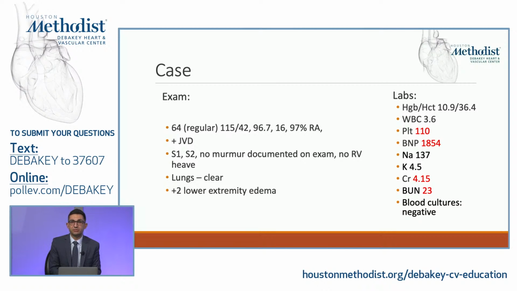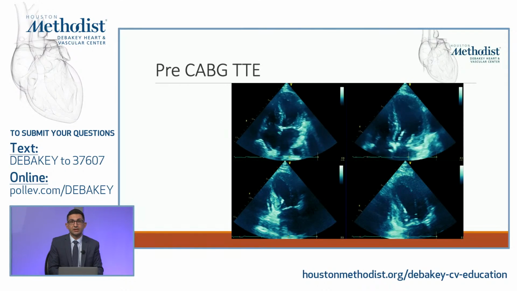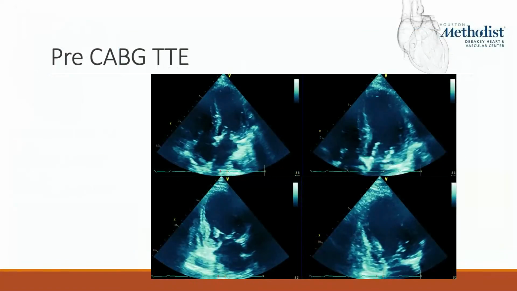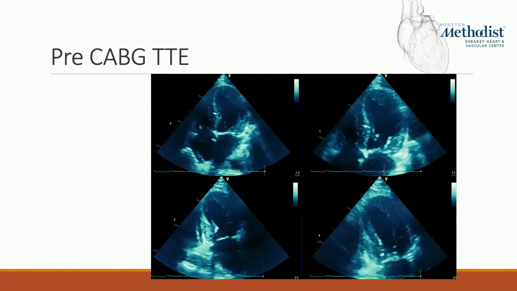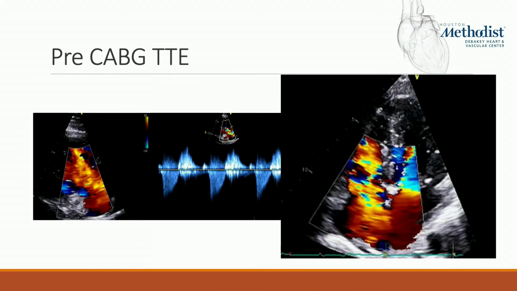Her creatinine and BUN were elevated at baseline for her. She's a dialysis patient, and her blood cultures were negative. This is the initial echocardiogram before she had her CABG, which showed normal LV and RV systolic function, and severe tricuspid regurgitation with frozen leaflets.